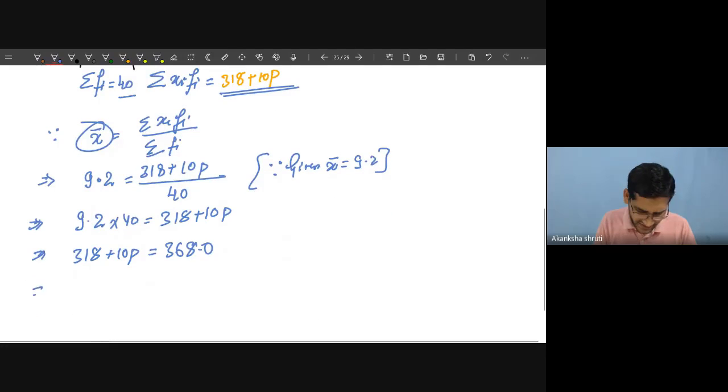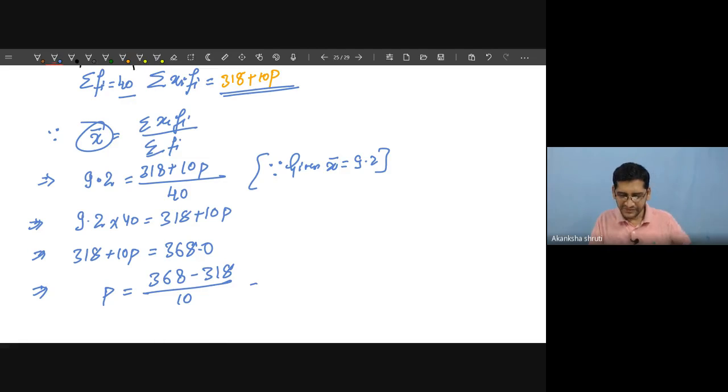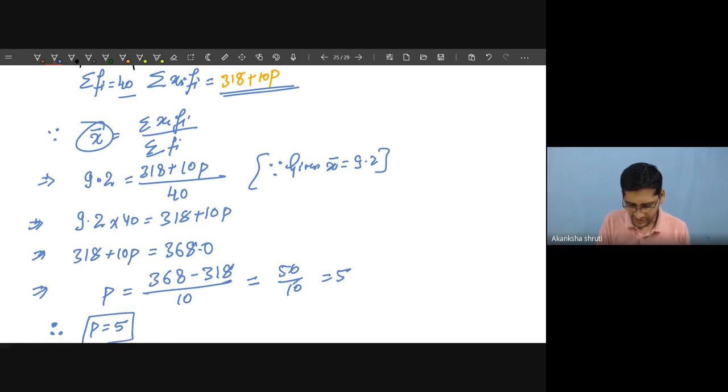This simply means p will be our (368 minus 318) divided by 10. You may keep it like this. So it is 50 by 10, this is our 5. Therefore, the value of p is 5. It's so simple, student.